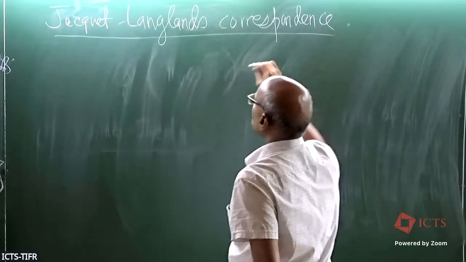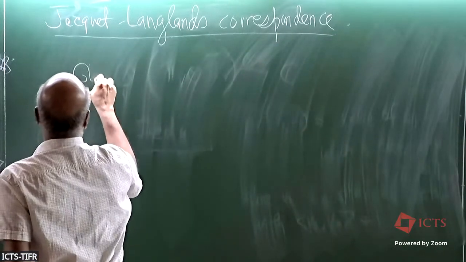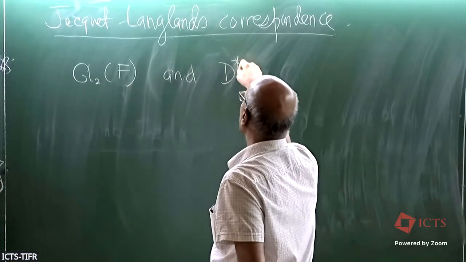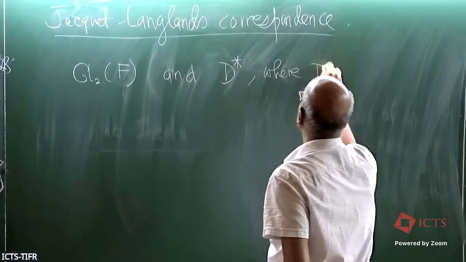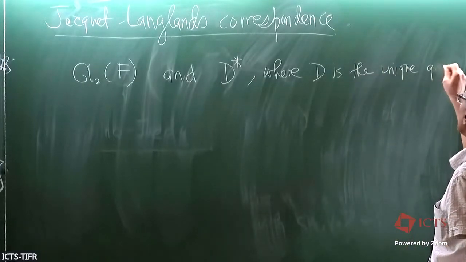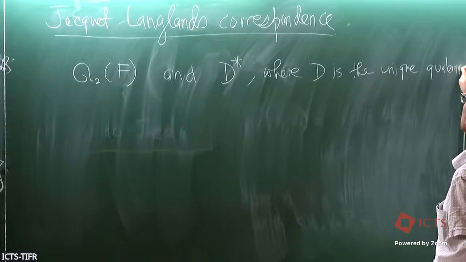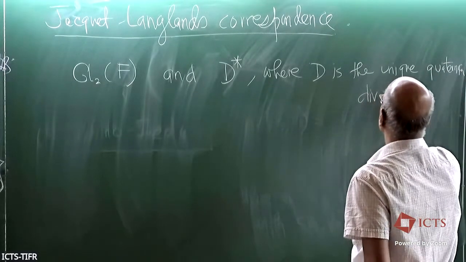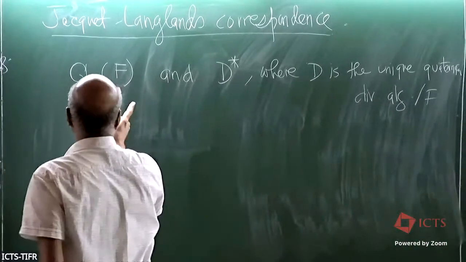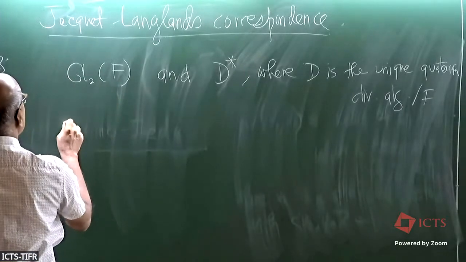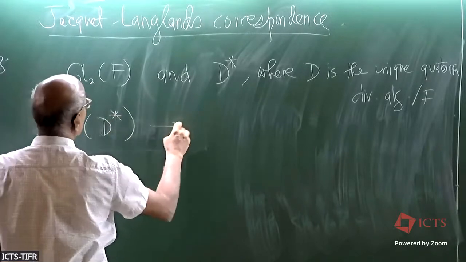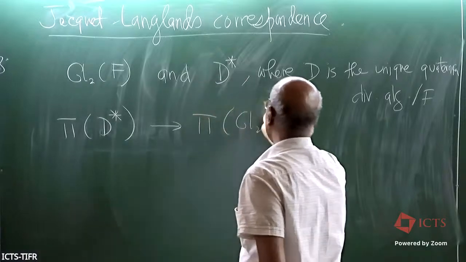This in the simplest case is about the representation theory of GL2F and D star, where D is the unique quaternion division algebra over F. What the Jacquet-Langlands correspondence says is that there is a mapping from the representations of D star to the representations of GL2F.